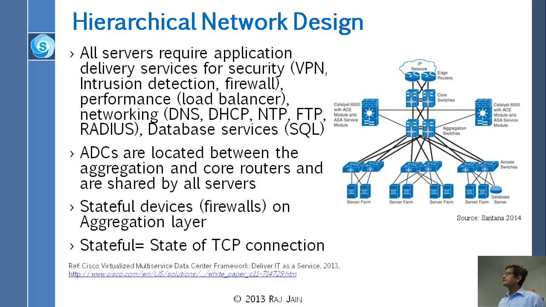All of these go between the aggregation and the core router, and this picture shows it correctly. This is the access, this is the aggregation, and this is the core. In between those are the devices that Cisco actually sells. This picture came from Cisco, so it has Cisco's model numbers, but other companies work equally well.